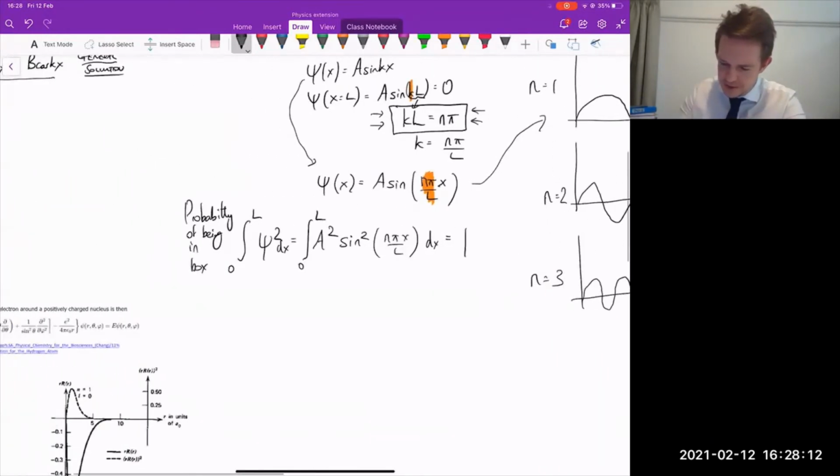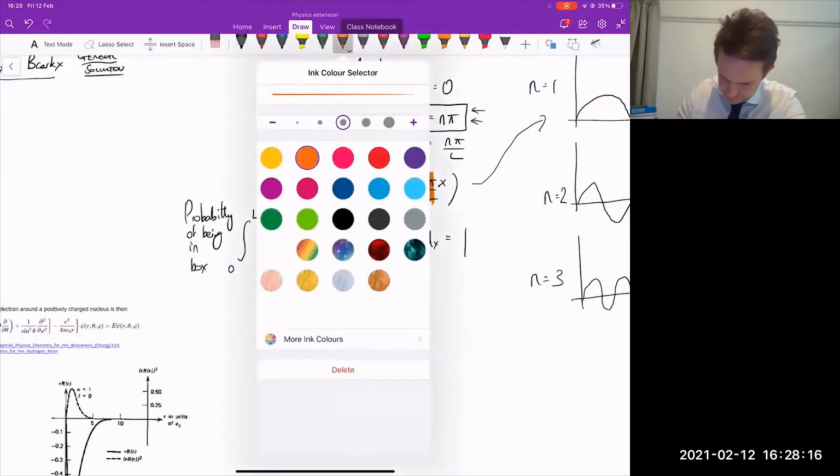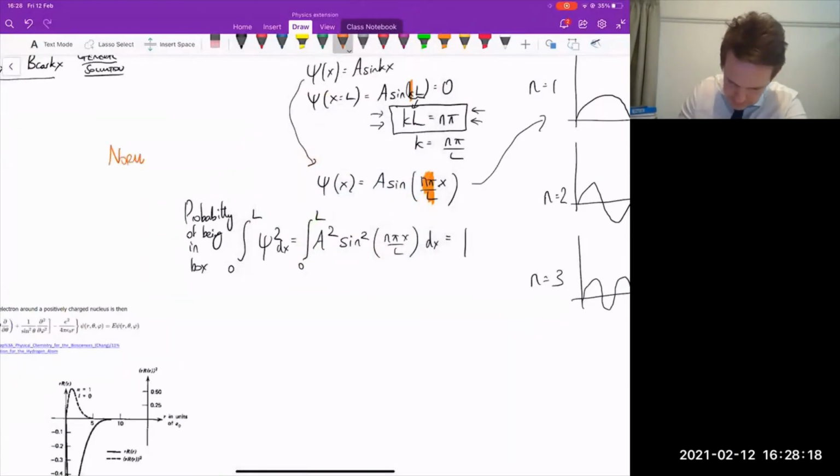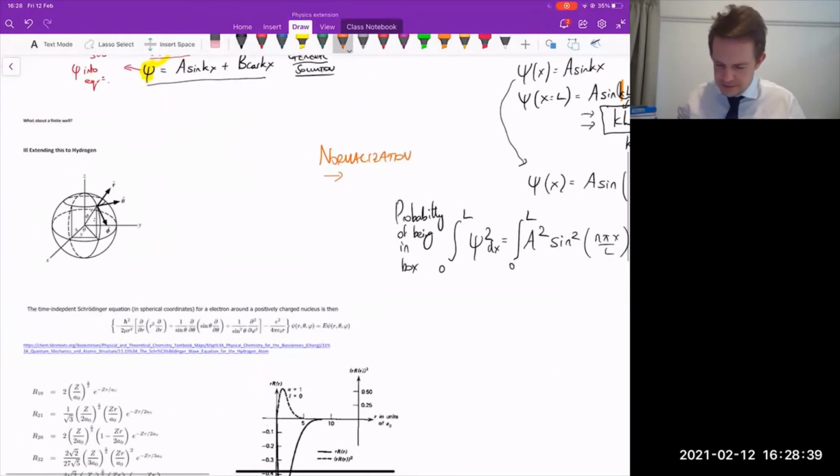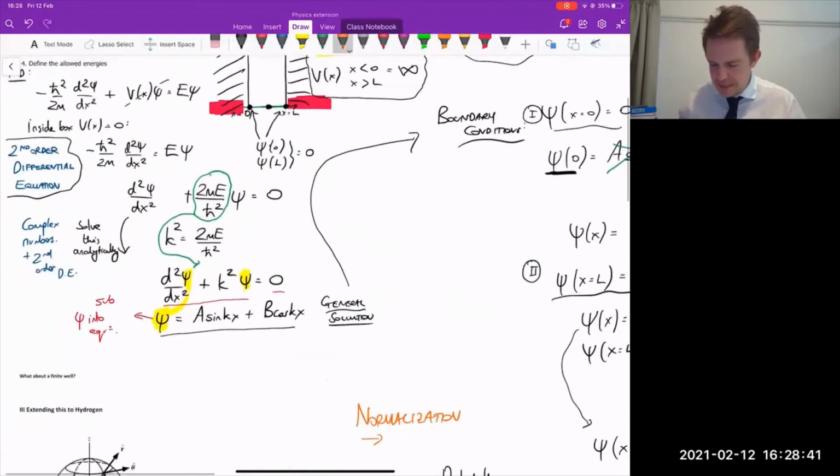So if you've ever heard the term normalization, that means choosing the constant in front of our wave function such that the integral across all of space is 1. Because that's not necessarily contained in the Schrodinger equation, we need to specify that.